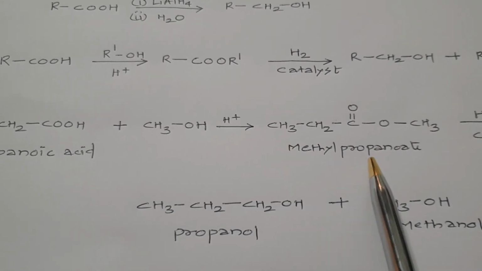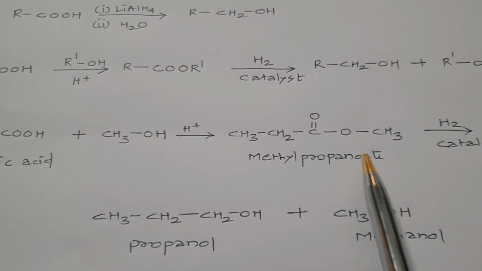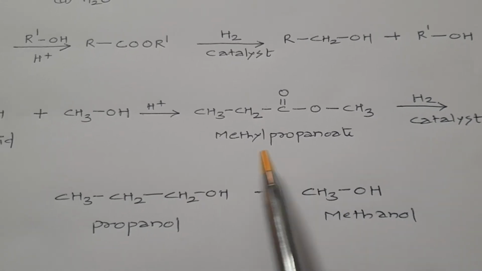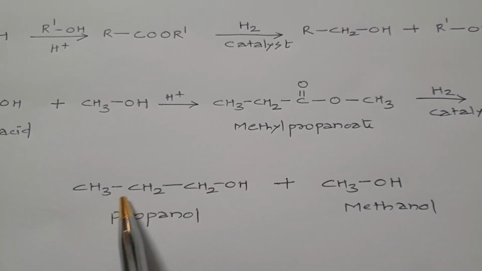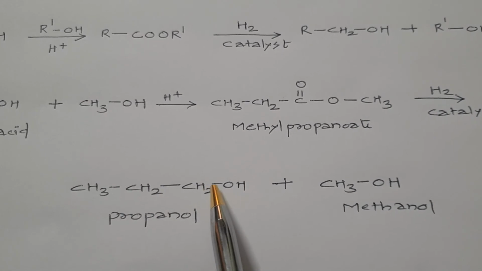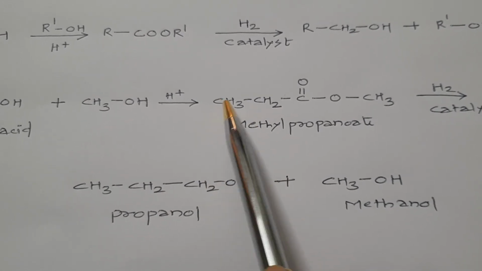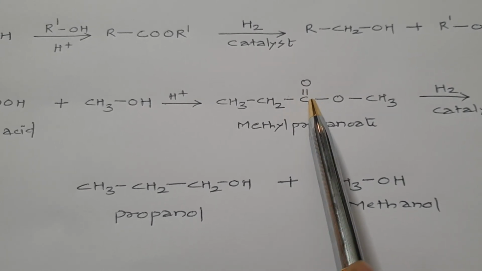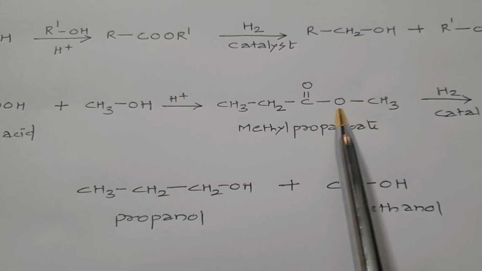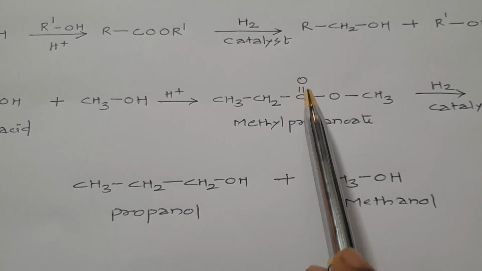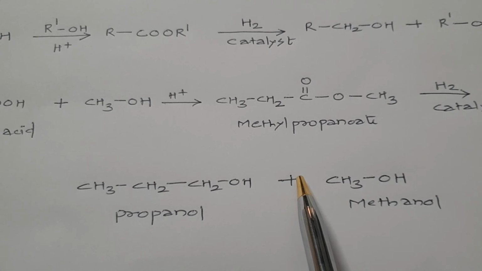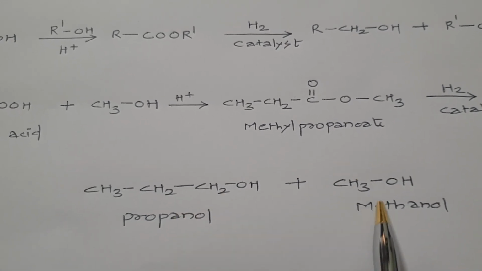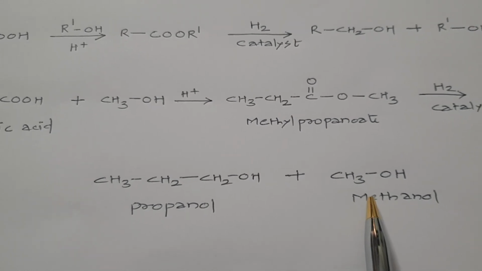This is the ester which is obtained, which further undergoes reduction in presence of a catalyst to give us CH3CH2CH2OH and CH3OH. So addition of hydrogen has taken place across the double bond. So thus you obtain propanol and methanol as your product here.